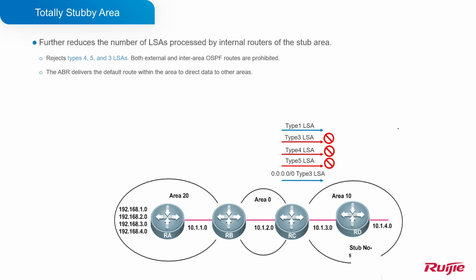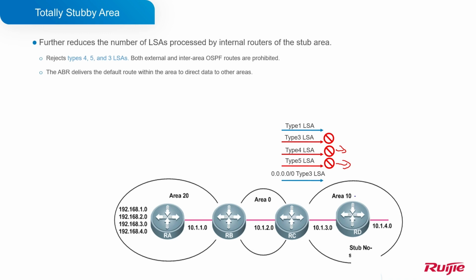So here, for this topology, if we set area 10 to become the totally stub area, then the RD device can't receive the type 4 LSA information, right? And type 5 LSA information, because these two types are about the external network. And because we set this area to the totally stub area, routers in this area can't receive the summary network information.